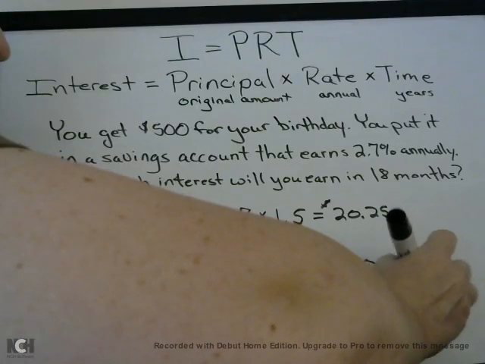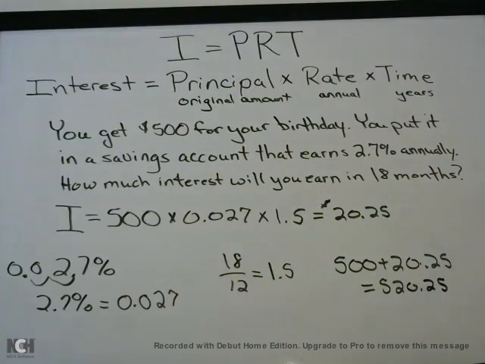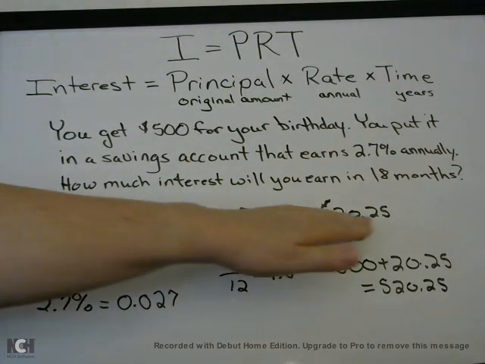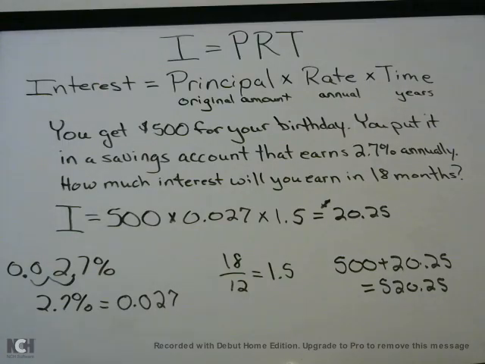So the total amount of money you have at the end is $520.25, but the interest that you've earned is $20.25. I'm going to take a pause and put another question up.